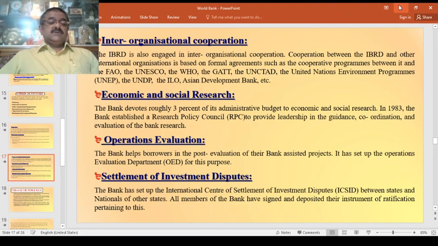Operations evaluation. Next one, the bank helps borrowers in the post-evaluation of their bank-assisted projects. It has set up the operations evaluation department for this purpose.